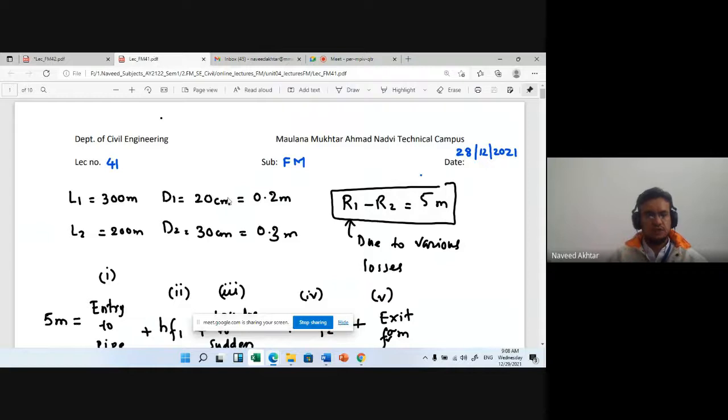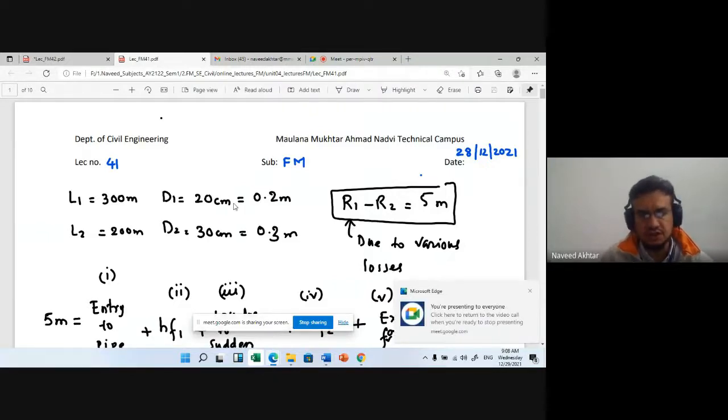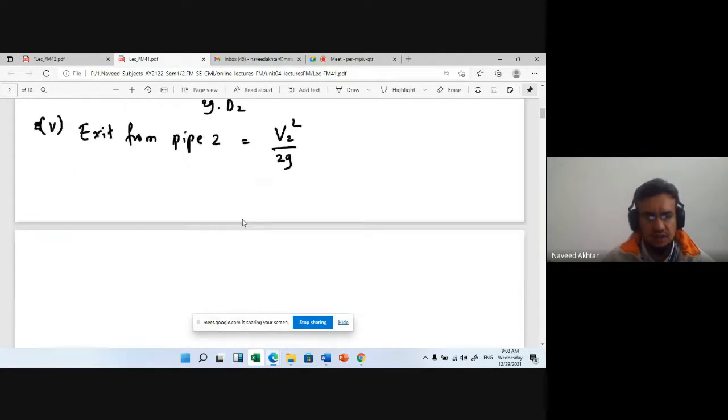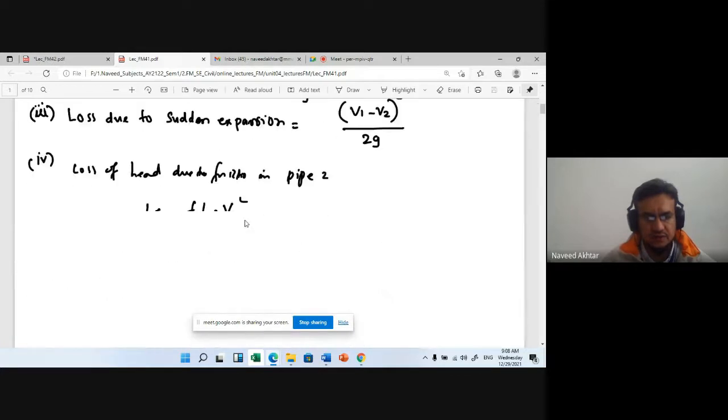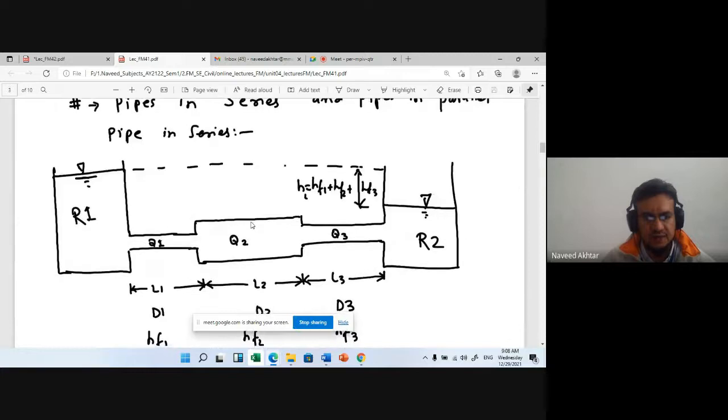In the previous lecture, yesterday, we saw the example of a pipe flow problem, that is circular pipes in series, and then we saw the effect of pipes in series and pipes in parallel.